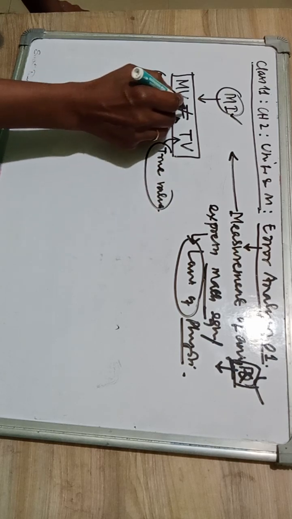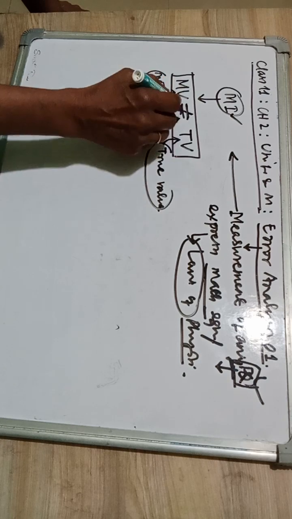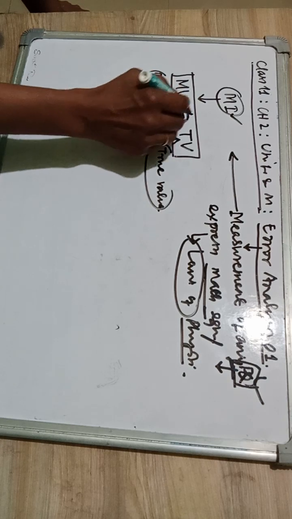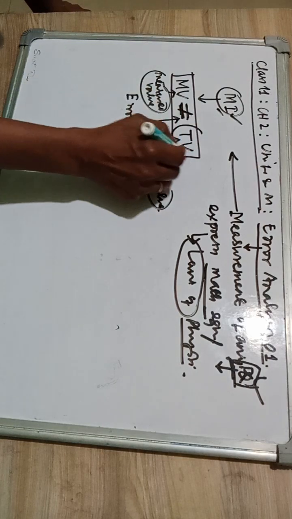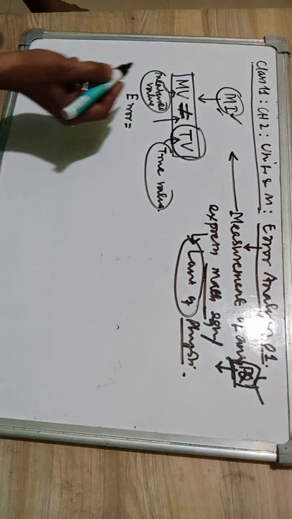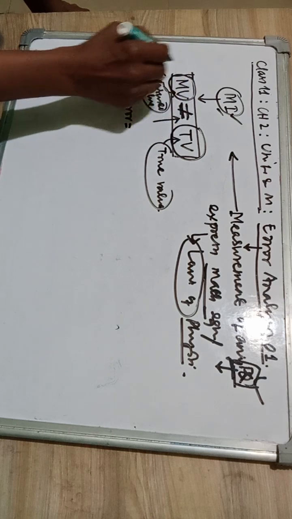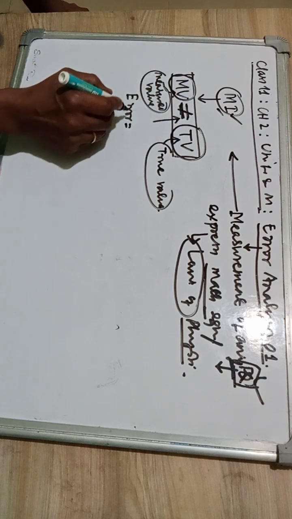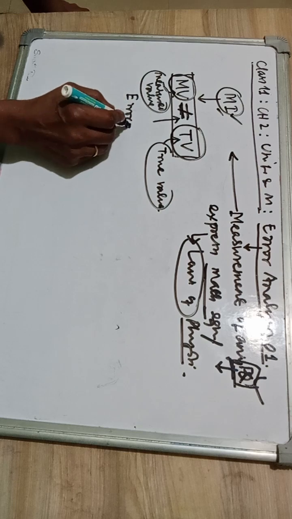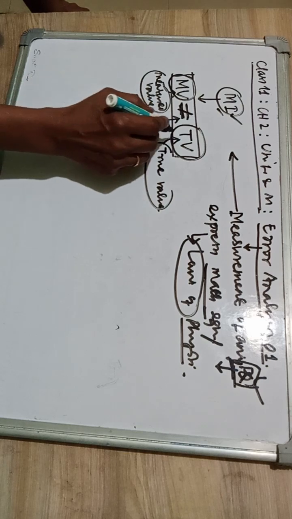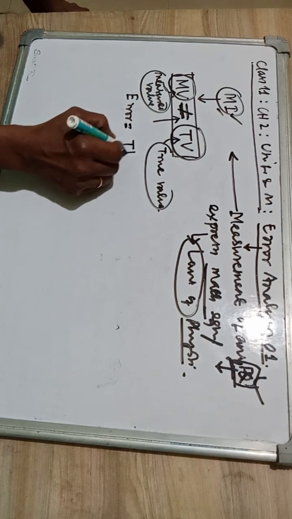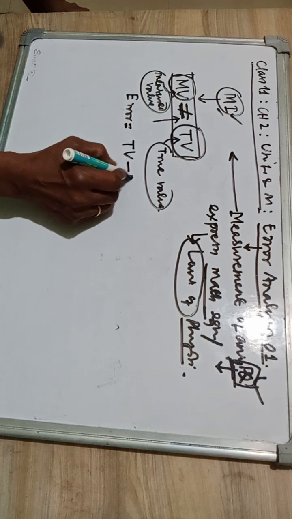That means we want to measure any quantity, we should get its true value, whereas we don't get it. That means we get less or more. That is some difference, and the difference is error. Difference means the difference of true value and measured value.